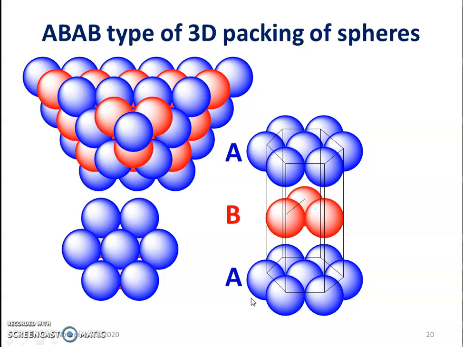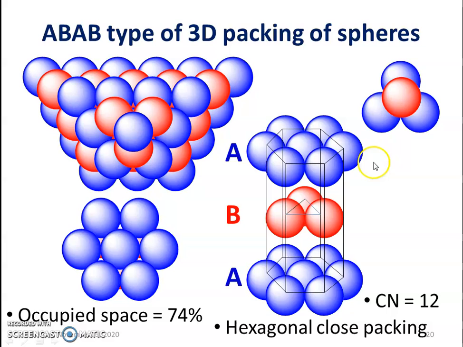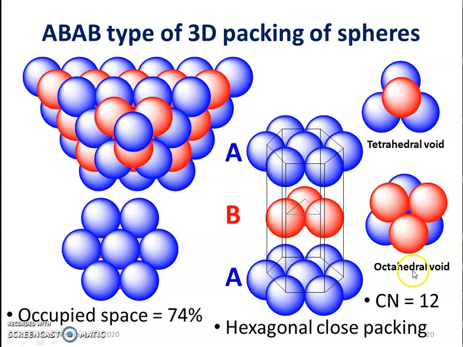This is the hexagonal arrangement, and the coordination number of each sphere is 12, and the occupied space is 74%. This is the tetrahedral hole, the empty space surrounded by 4 spheres, called the tetrahedral void, and this is the octahedral void, the empty space surrounded by 6 spheres, called the octahedral void.